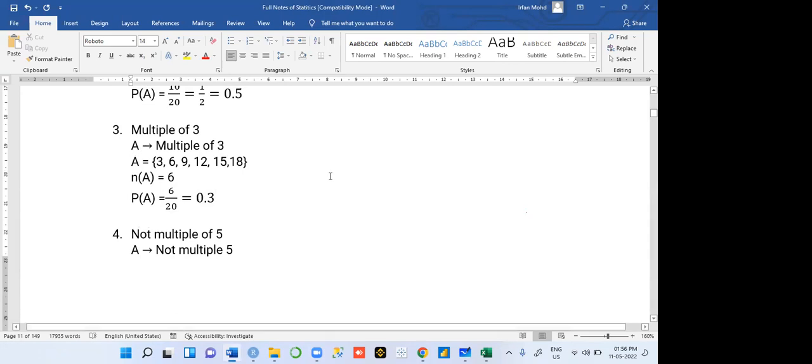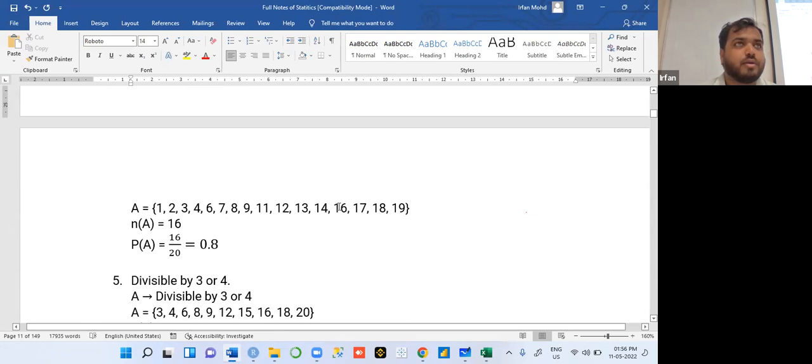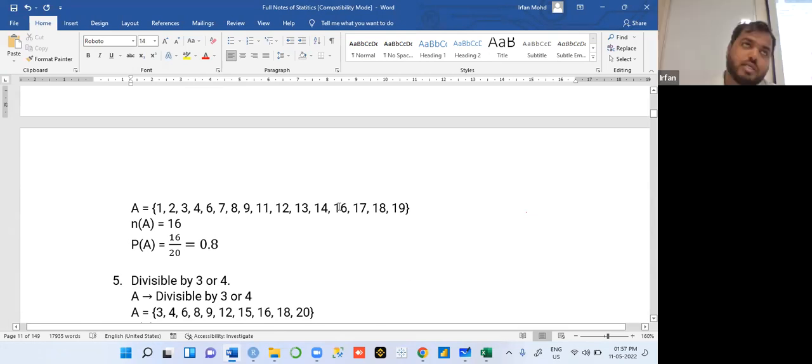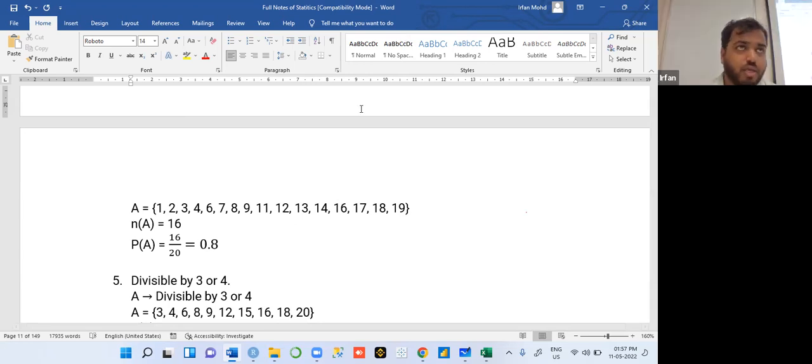Okay. And fourth one is 0.8. Or means, fourth starting, divisible by 3 and 4 both. Once again, Anish, a number should divide by 3 also and 4 also.